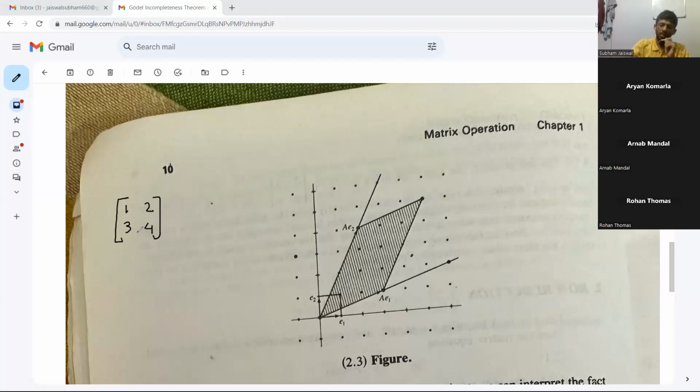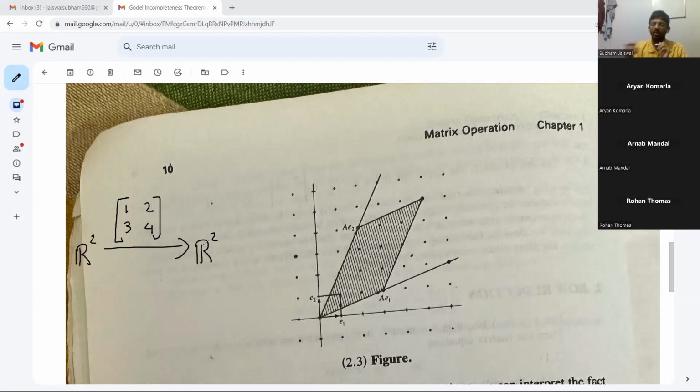You view matrices as static objects, but obviously matrices can also be seen as functions. Matrices are just functions from R2 to R2.